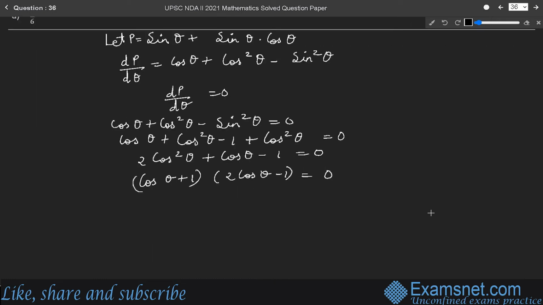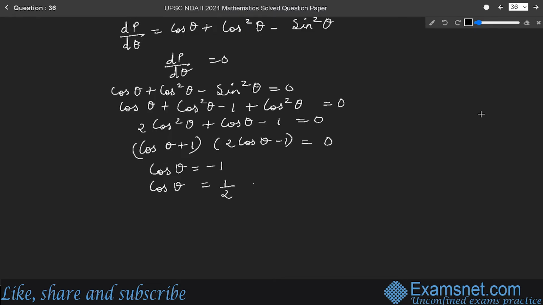So from here we will get the values of cos theta. Cos theta will be equals to minus 1 and cos theta will be equals to 1 by 2. It means that theta will be equals to pi or theta will be equals to pi by 3.